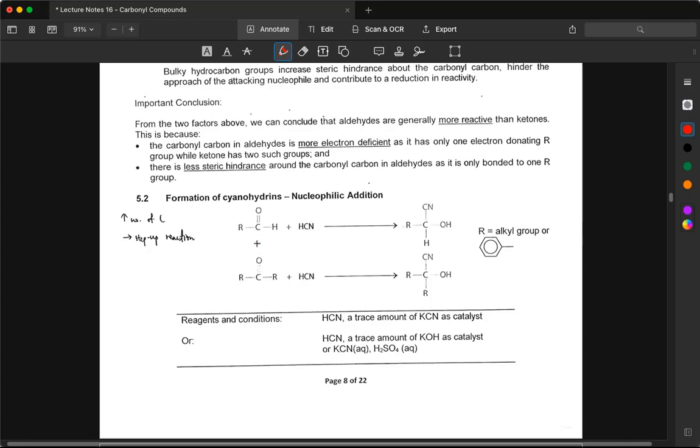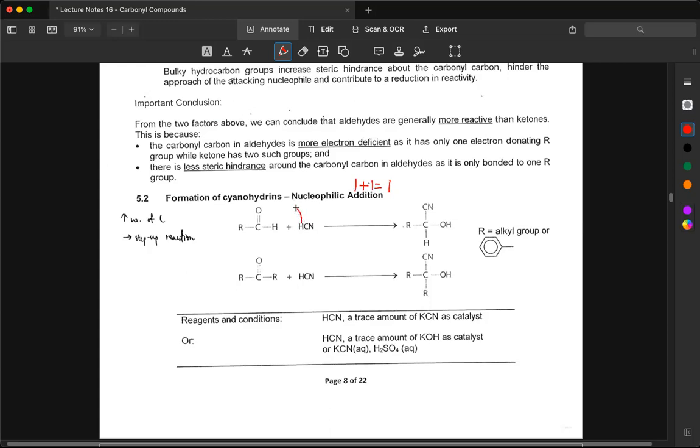Okay, so the H will be attaching here. Sorry, not the H, I'm so sorry. It's a CN and the O with the H. So they will add to it. 1 plus 1 equals 1. That's addition. Okay, so this is what happened.